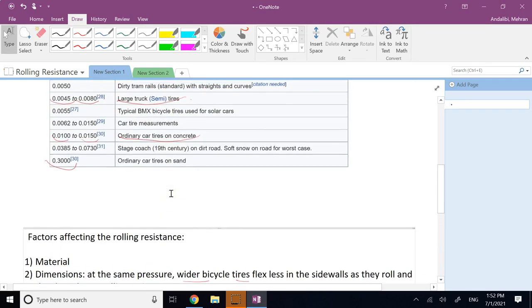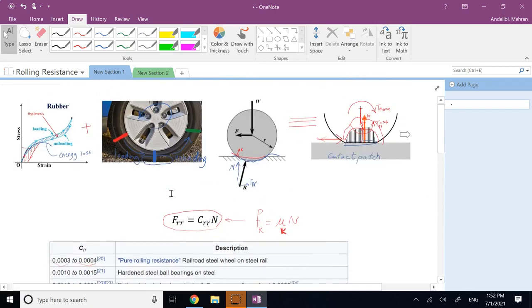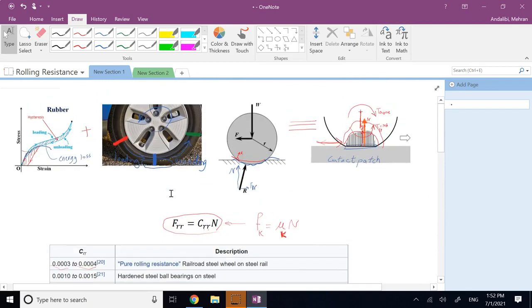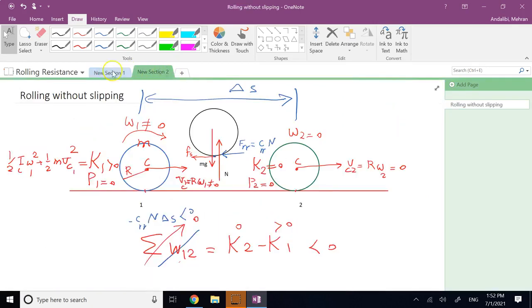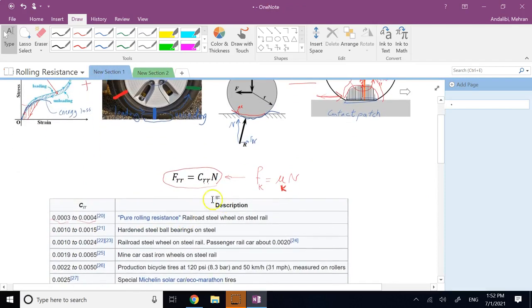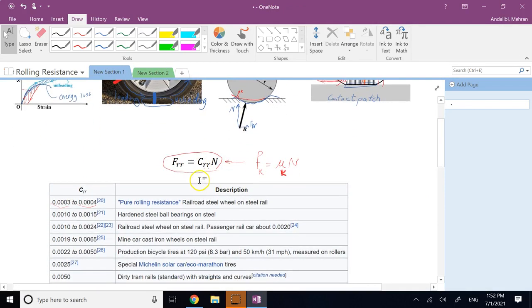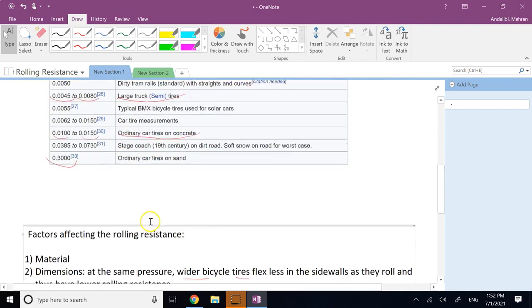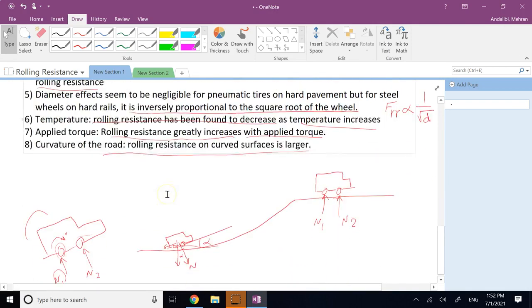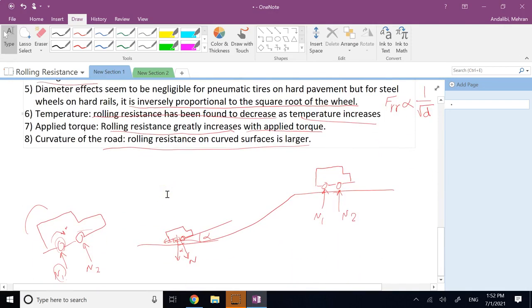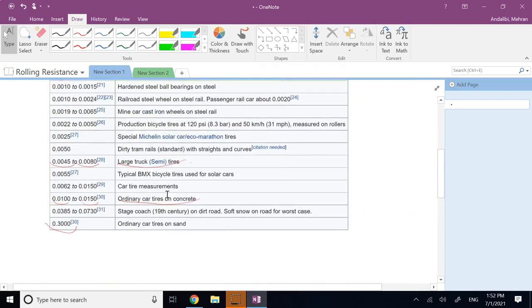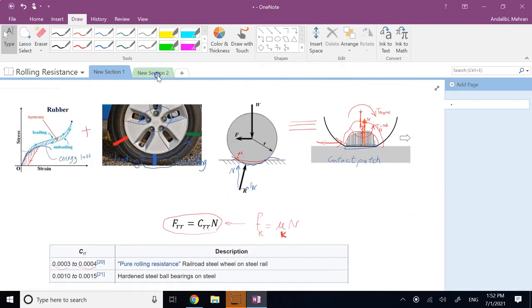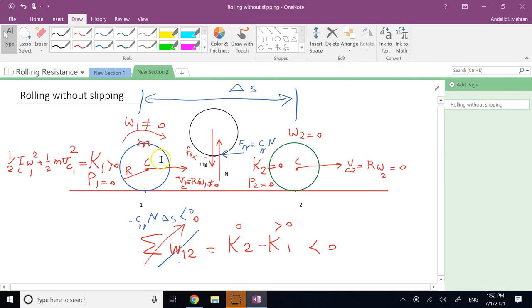So hopefully I could tell you a little bit about where the rolling resistance comes from, what's the effect of it, what's the formula for it, some sample numbers and important factors affecting it. As I said, this is typically not discussed in undergrad dynamics, and that's why somebody can easily give you a hard time by saying, hey, this object, I give it some velocity, it goes to rest.